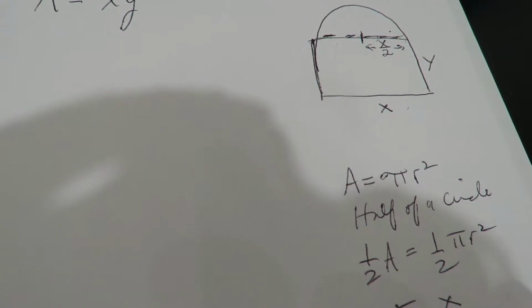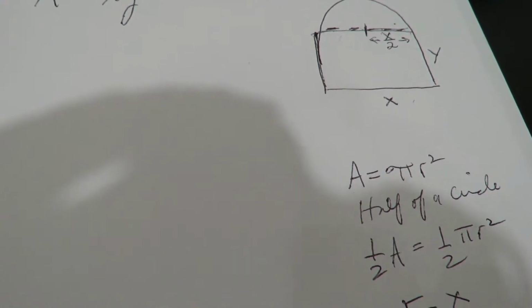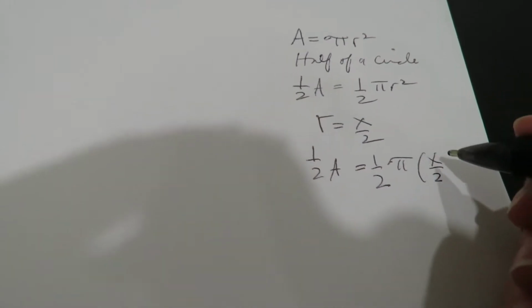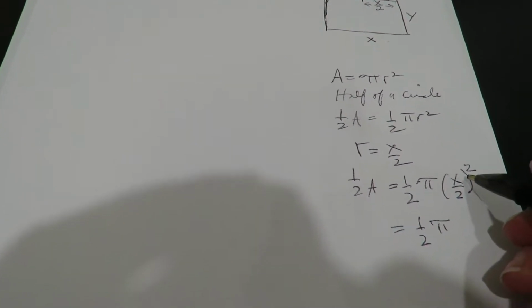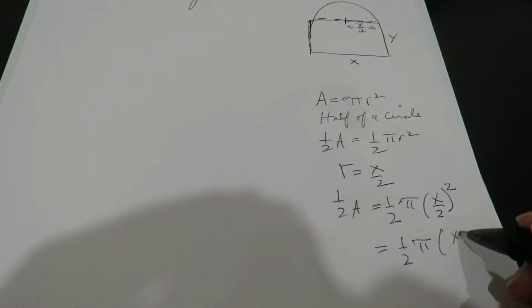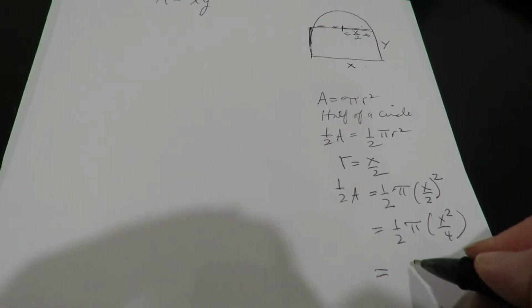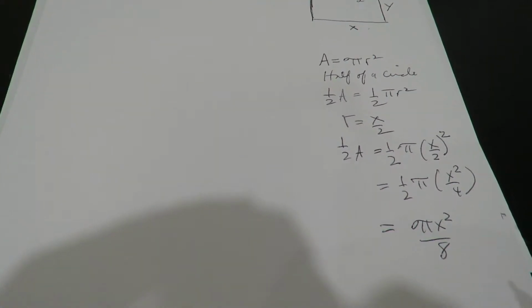So if I plug it into this half of the area, it's going to be one half pi times X over 2 quantity squared. If we simplify this, X over 2 squared is X squared over 4, so this simplifies to pi X squared over 8.